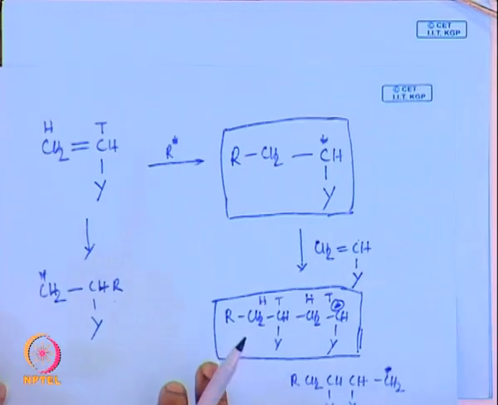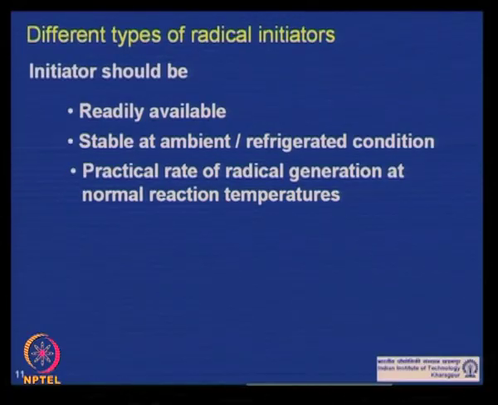Now, we are talking about radical polymerization and what are the different types of initiator we can use. What is the source for the initiator? We require a radical species to initiate the polymer chain, and we will now look at the possible ways we can generate radicals in the reaction medium.